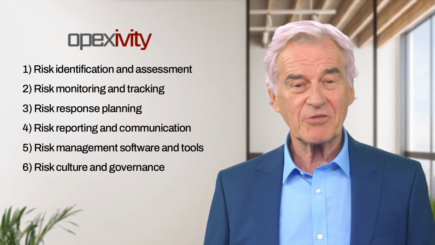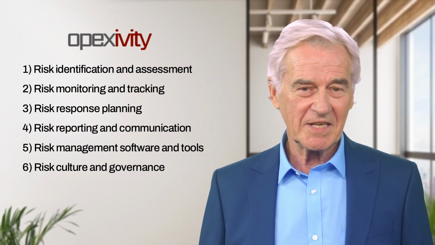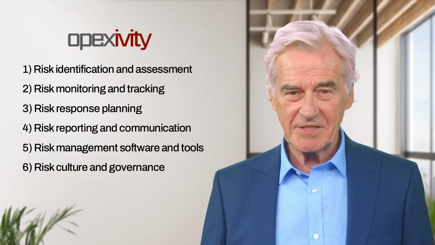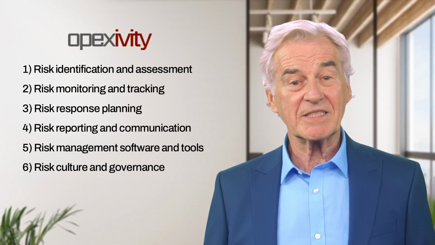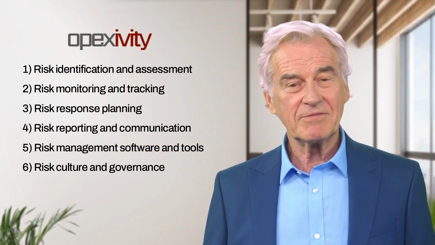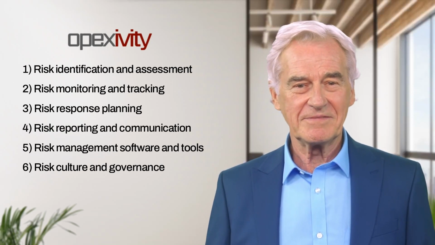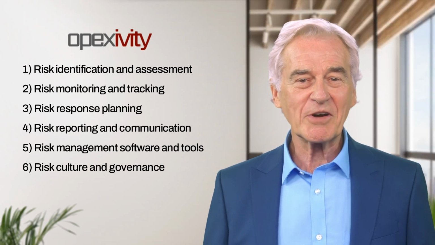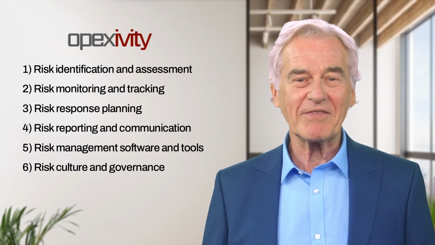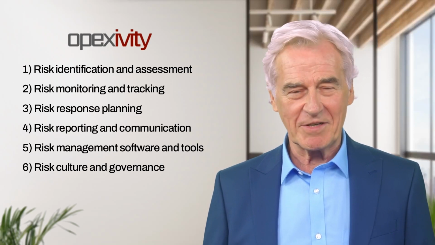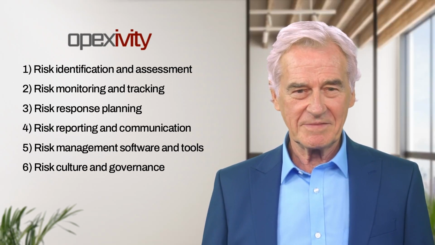Risk management software and tools. These are the enablers for the identification, assessment, monitoring, tracking, and reporting of risks. And last, 6. Risk culture and governance, meaning creating and maintaining a culture of risk management within the organization, and ensuring that proper governance mechanisms are in place to manage and oversee the risk management process.